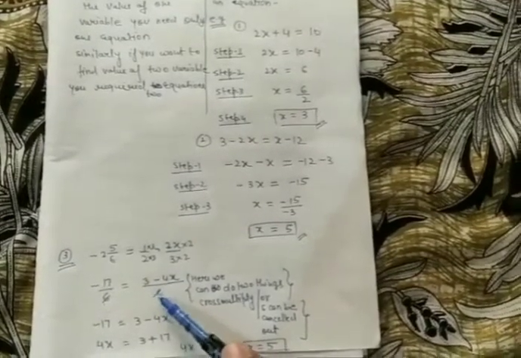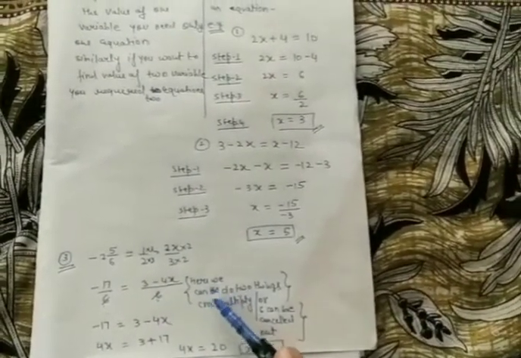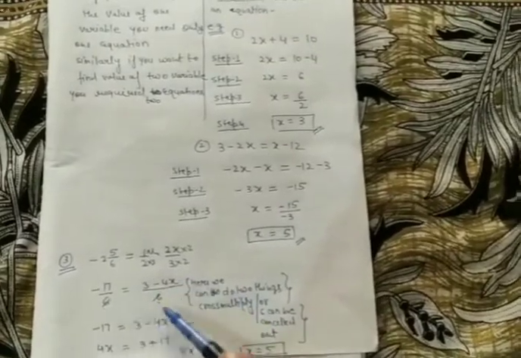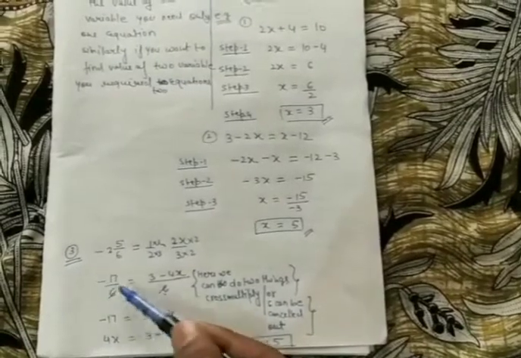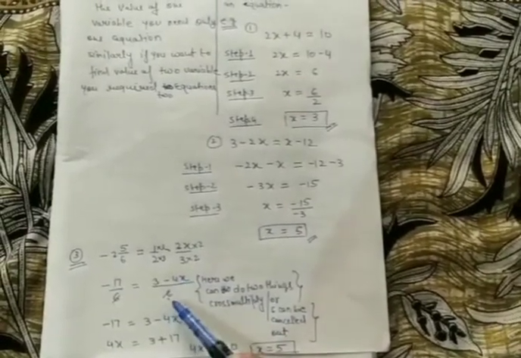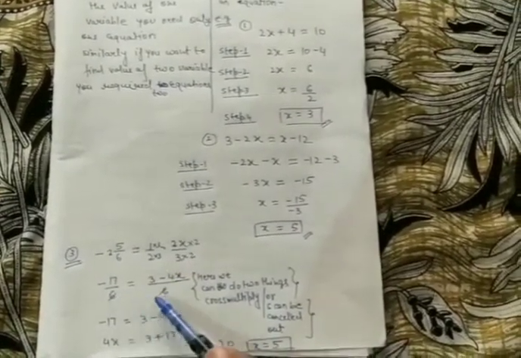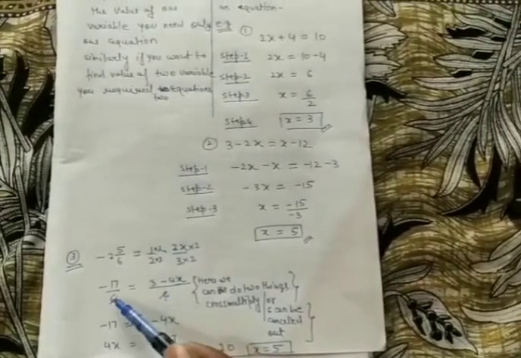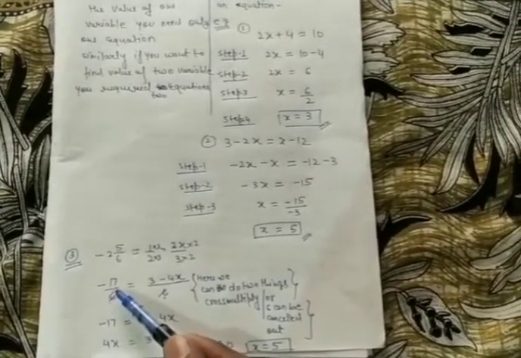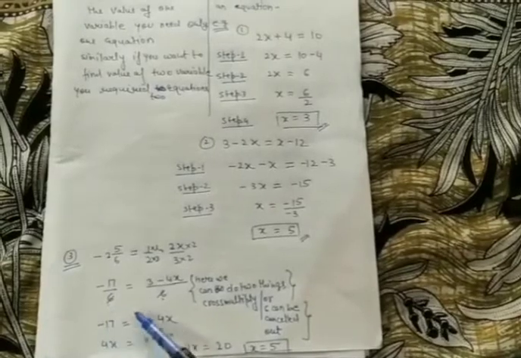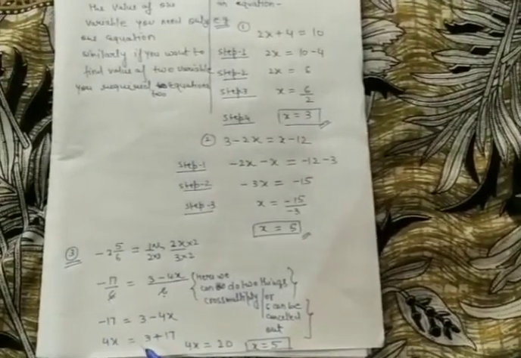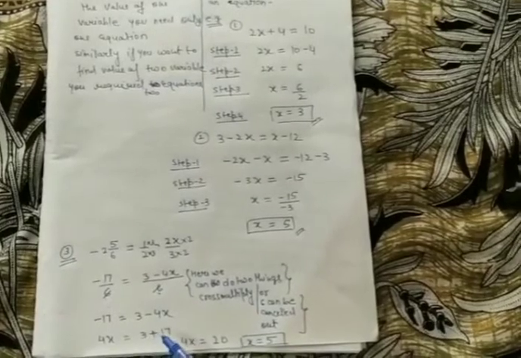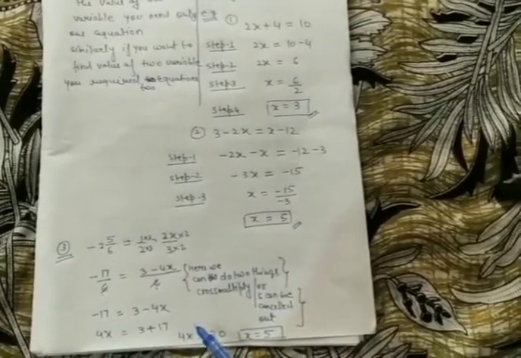At this step, we can solve this equation in two ways. One thing you can do, you can just cross multiply, or you can cancel the 6. So here we are cancelling the 6, and now it is -17 = 3 - 4x. Now, I told you that you can take all the variables on one side and all the constants on the other side.